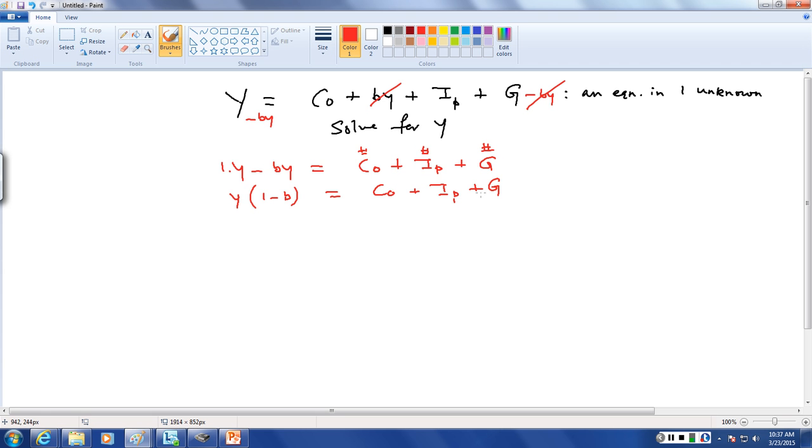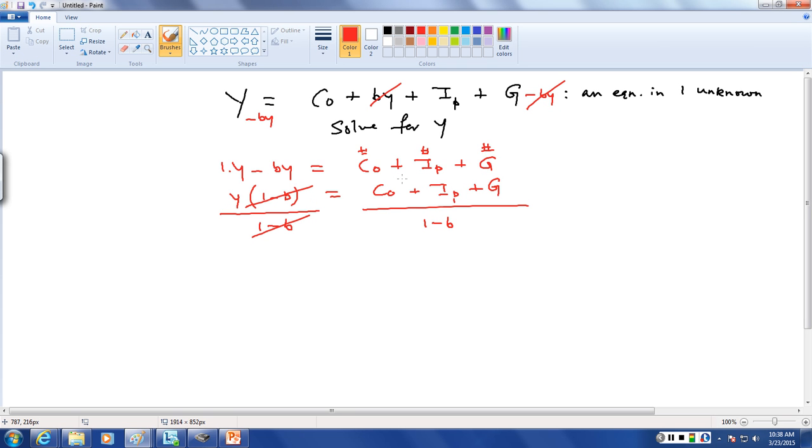Finally, what do we do to solve for that unknown Y? Somebody? We would divide through by what? Correct? Right? Because when we do that, this and this cancel out.